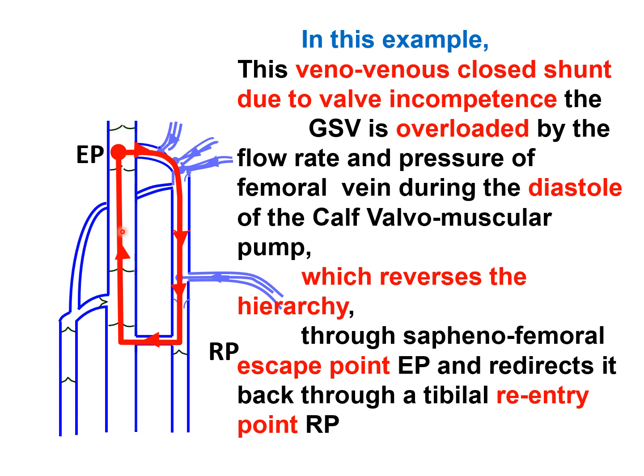During the diastole of the calf, the flow of the femoral vein is aspirated through the escape point and the reentry point, overloading the flow of the great saphenous vein.